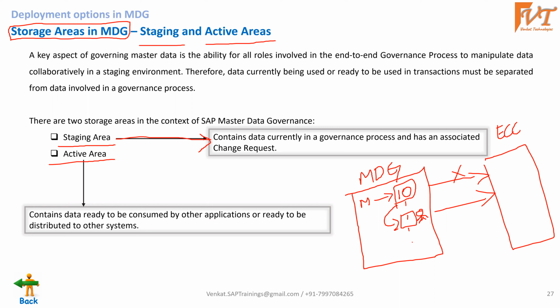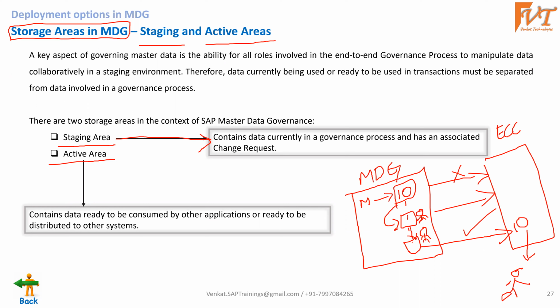So this person has to validate this data and approve. Maybe if the business wants another approval in place, this user also will come and approve this master data. Once this final approval is done, then the data will be updated in the ECC system. Only then is this data available for the end users for their transactions. So this is how MDG works.